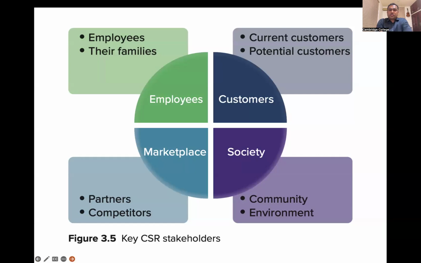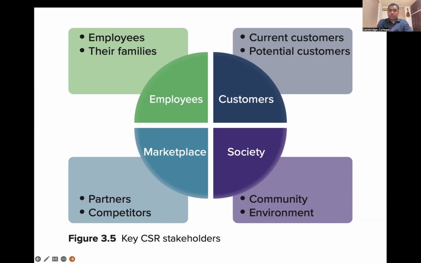So when we talk about stakeholders, there are important stakeholders. And when it comes to CSR practices, there are critical stakeholders like your employees, your customers, society, and the marketplace. So your employees, their families, customers, current and future customers.